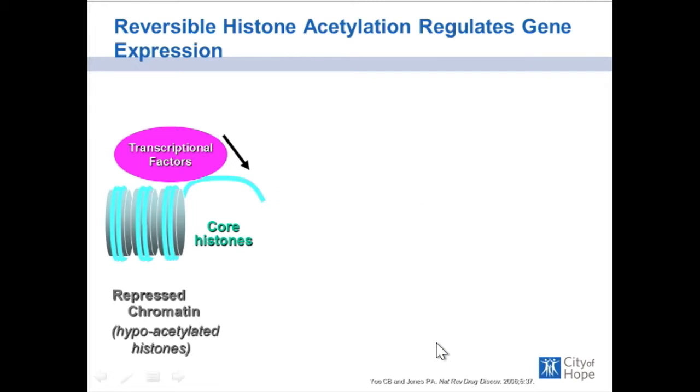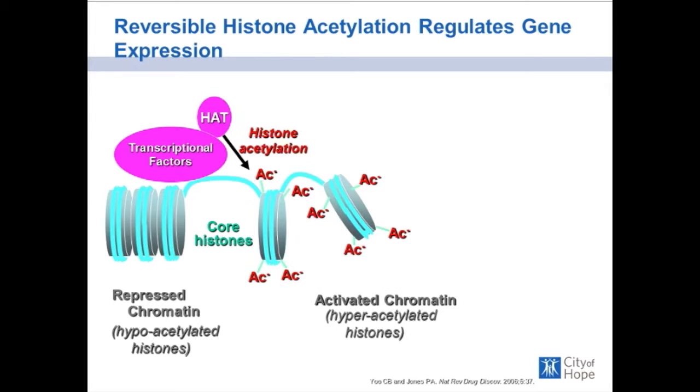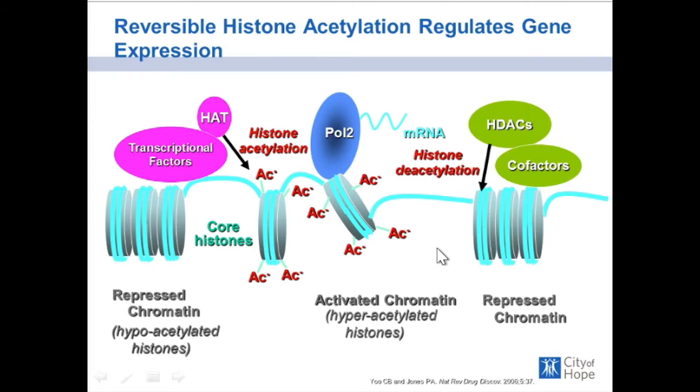Another example, and this is what we refer to as epigenetics, another example is histone acetylation, which regulates gene expression. And what happens is you have transcription factors binding with the histone acetylators. The histone molecules become acetylated, and they activate chromatin. They let chromatin be expressed.